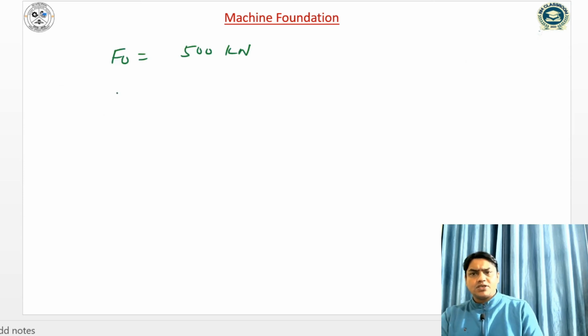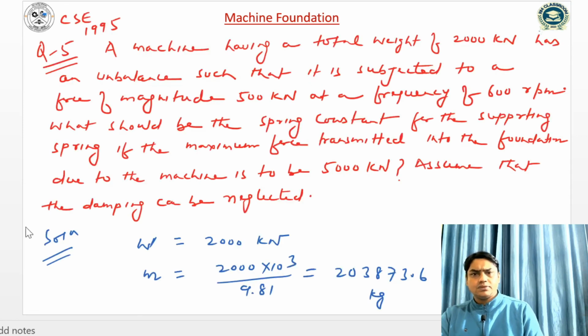So the frequency is 600 rpm, so it will be 10 rps. What should be the spring constant for the supporting spring if the maximum force transmitted into the foundation due to the machine is 5000 kilonewton?